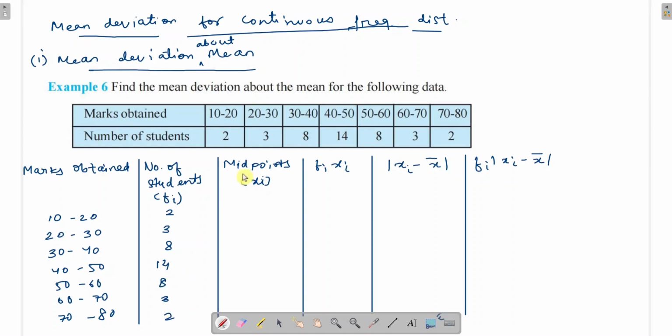Now the midpoints xi will be the midpoints of these classes. To find the midpoint of 10 to 20, we do 10 plus 20 divided by 2, that is 30 divided by 2, that is 15. So 15 here, then we will get 25, 35, 45, 55, 65, 75.